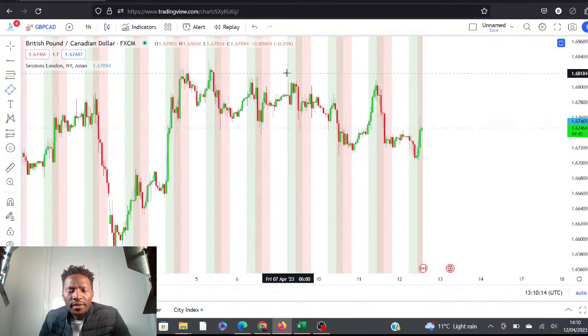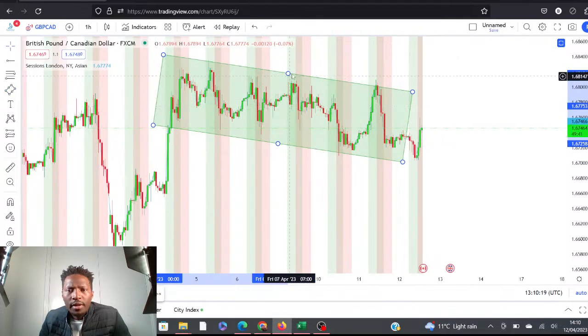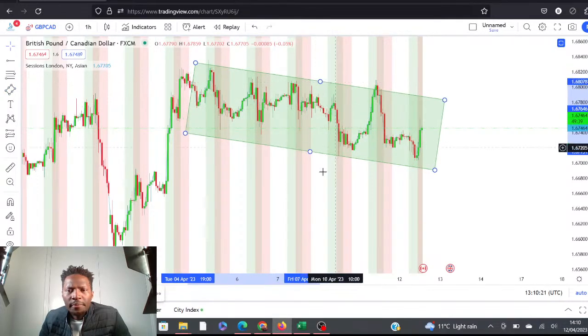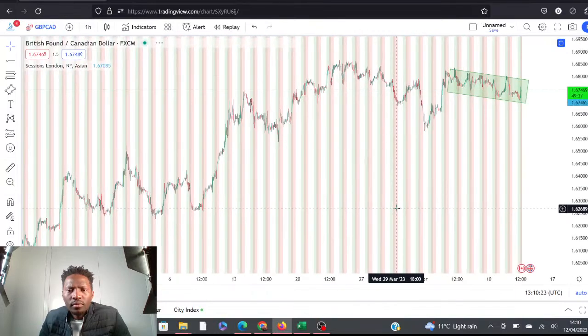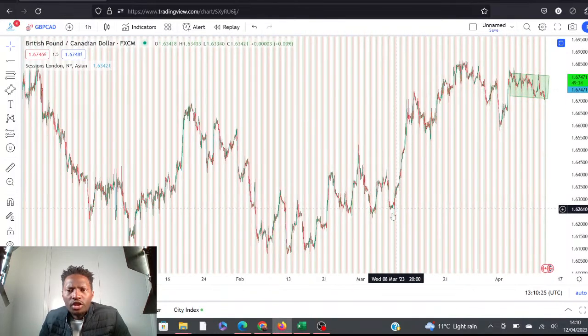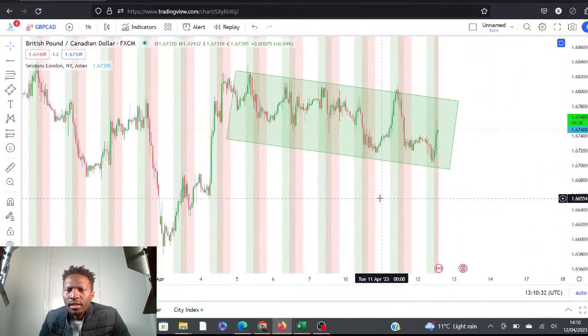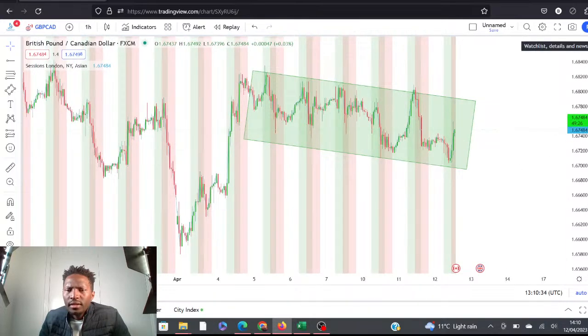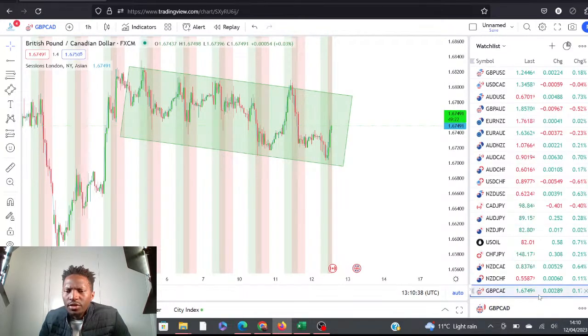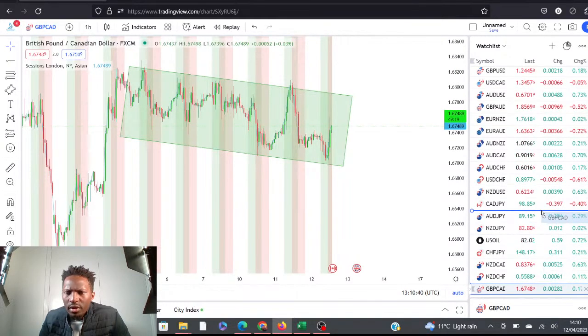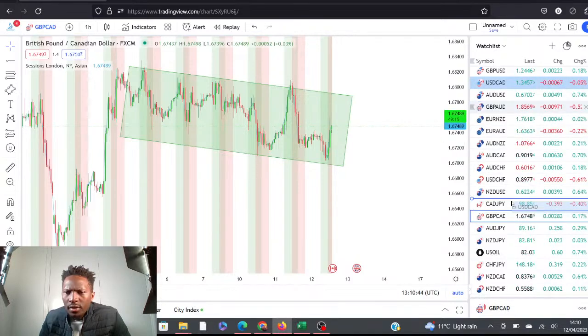These types of contraction usually break to the upside, and you can clearly see that the market is trending up. So we can potentially see GBP CAD going up. I'm going to put all those currency pairs next to each other, because once it gets to 3 o'clock, then we're going to look at them.